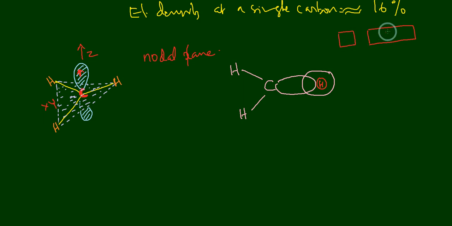This is the 2s orbital, and this is the 2px, 2py, and 2pz orbitals. So when the electrons are filling in this carbon atom, it will be 2s2, then 2px, 2py. But for hybridization, it will be like this: 2s1, 2px1, 2py1, 2pz1.